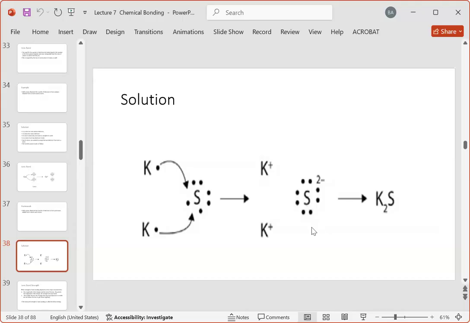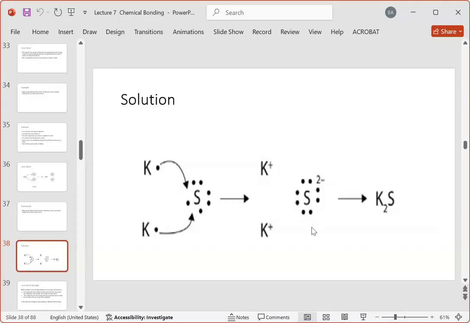Sulfur has six, potassium has one. Each gives one, and then sulfur has its octet satisfied, and potassium also. So we need K2S.